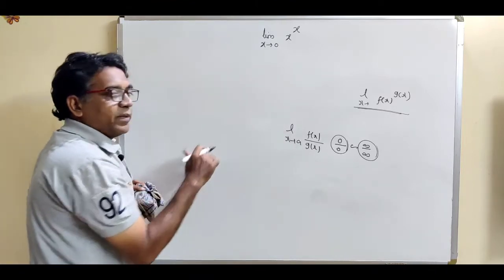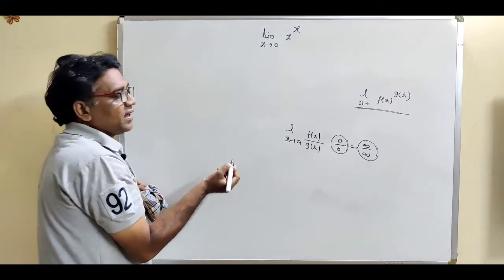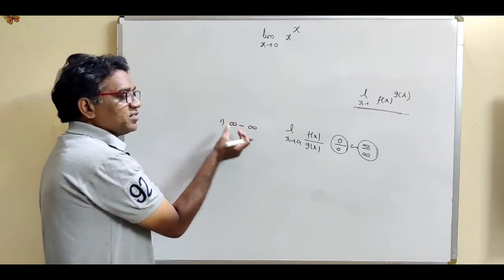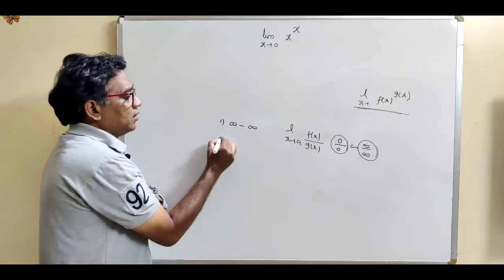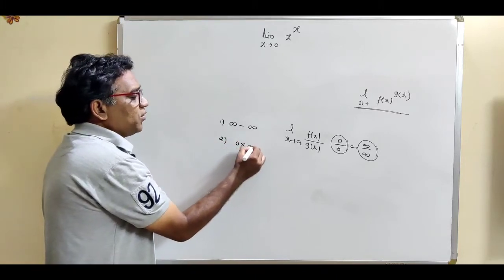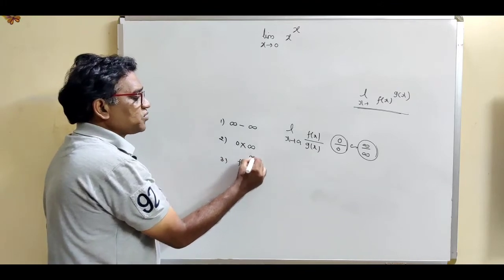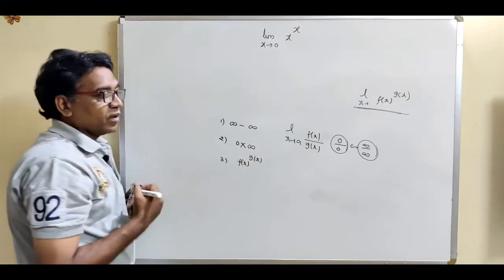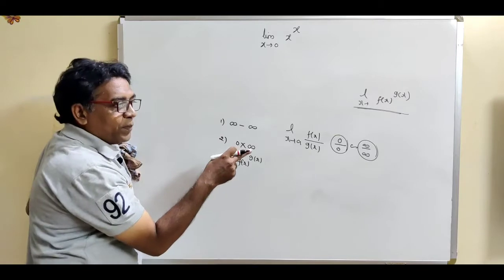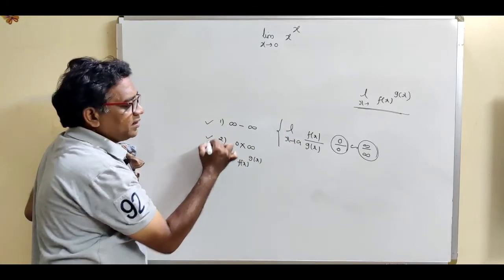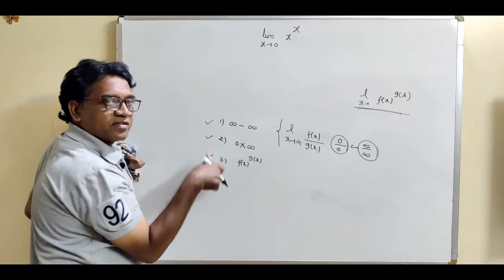For any other remaining cases, now what are the remaining cases? This is the remaining case, which is the subtraction. This is the product 0 into infinity, and this is the last case, function raised to another function. Now this L'Hopital rule is applicable for the division, and these are the remaining cases.